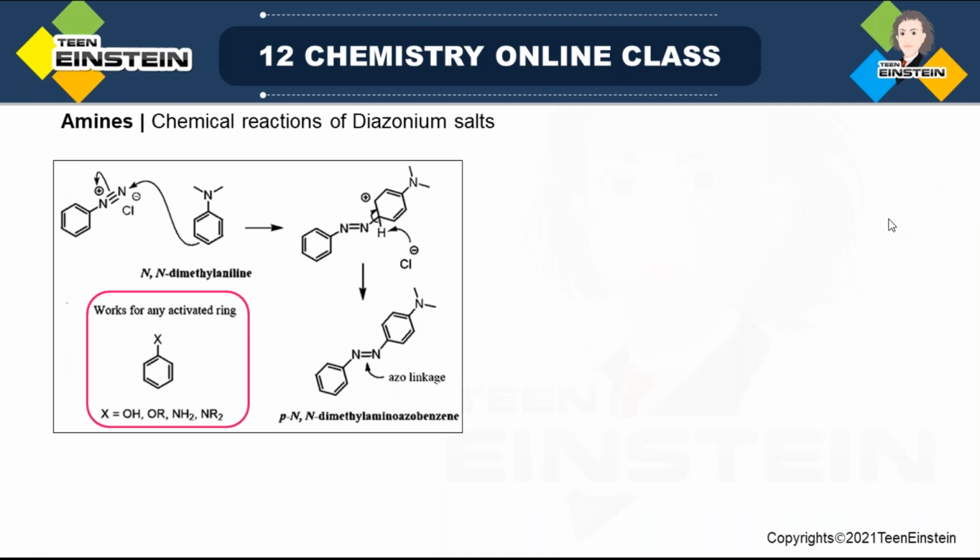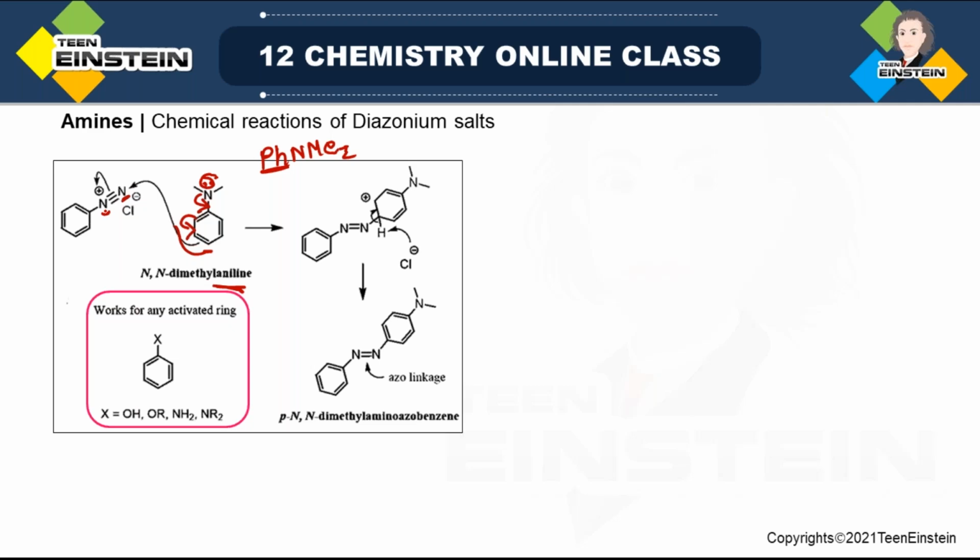So this is the reaction. Here we have taken N,N-dimethyl aniline, that means PhNMe2. This ring is highly activated because there are two methyl groups, which have some plus I effect. Now this lone pair, if it takes part in resonance, there will be negative charge density at the para position, and this negative charge can attack the terminal nitrogen, and now the middle nitrogen becomes neutral.